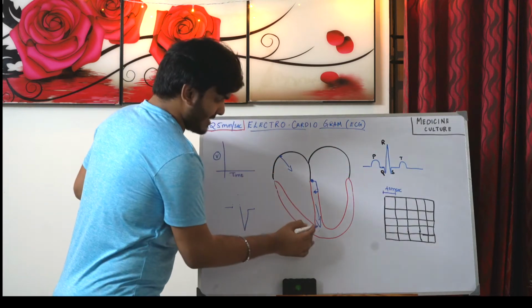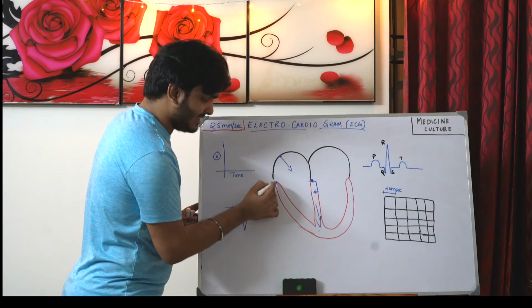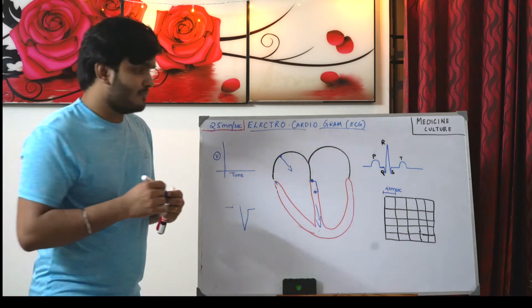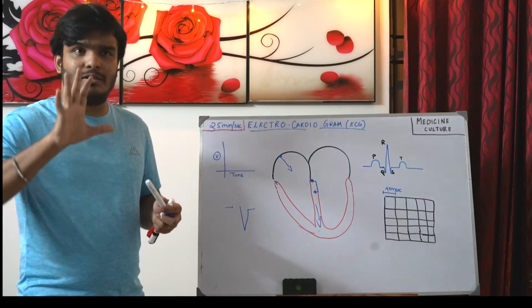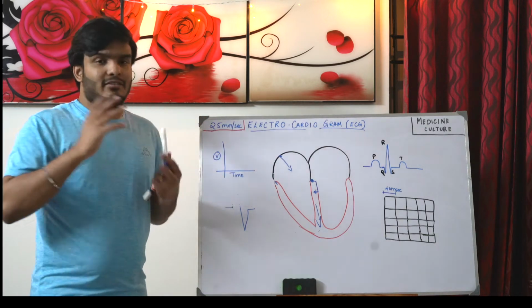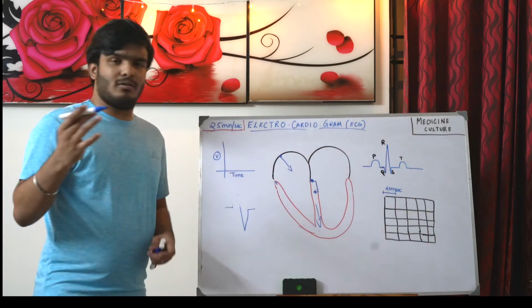Now the impulse spreads along the ventricular cells to the last myocyte of the ventricle. So the last myocyte of the ventricle depolarizes. At that time the current is just opposite to the electrical axis of the heart. So you get a small, very negligible wave.